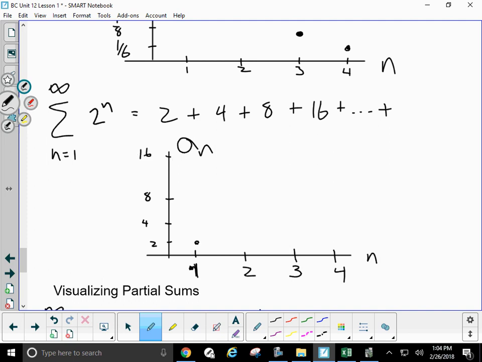And I'm adding this, this, this, this. Okay, so those are ways to visualize the terms you're adding.